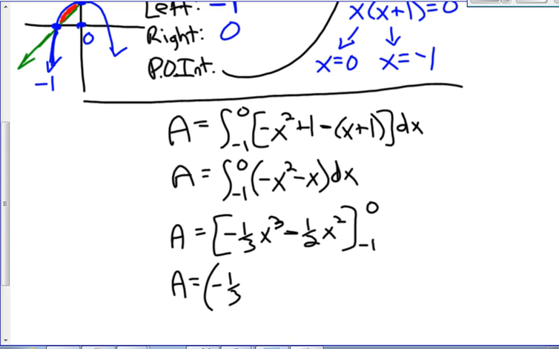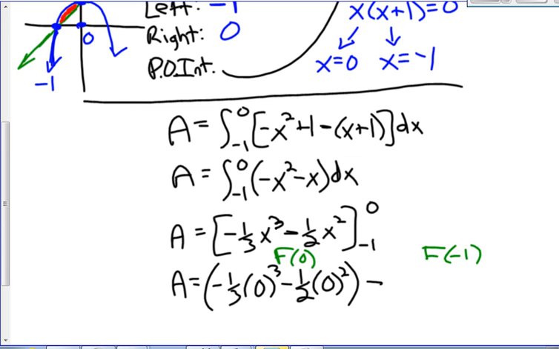So that's -1/3, 0 cubed, minus 1/2, 0 squared. That's our big F, or antiderivative at 0, minus the antiderivative at -1, which is -1/3, -1 cubed, minus 1/2 times -1 squared.